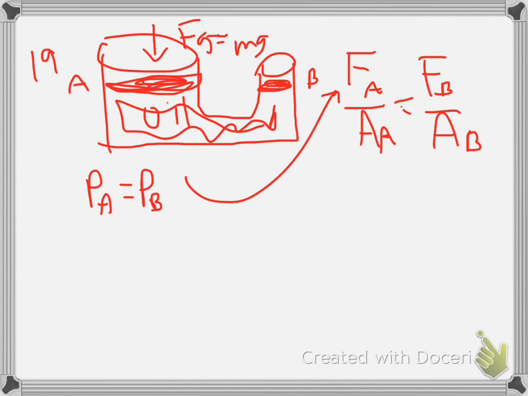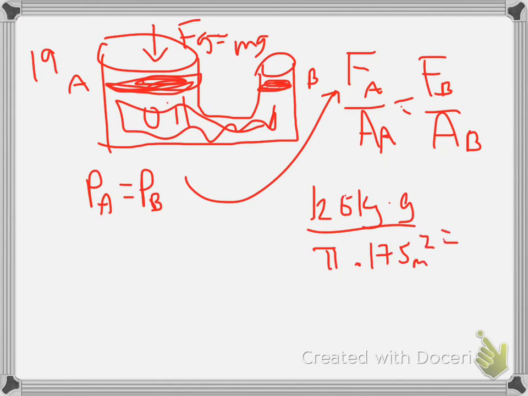So when I say it was 125 kilograms times g divided by the area of A, which is pi times 0.175, I believe, based on the picture, if I'm seeing it correctly. That's r squared in meters. That's going to equal the mass times g that we're going to set on here.